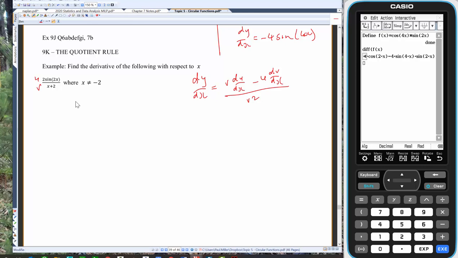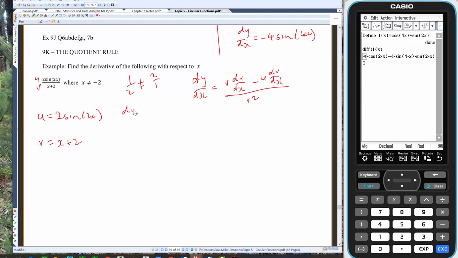You've got no choice because we can't flip them with division. Remember, 1 divided by 2 is not equal to 2 divided by 1. So the formula sheet depends on you calling the denominator v and the numerator u. Let's do it. u is equal to 2 sine 2x, and v is equal to x plus 2.